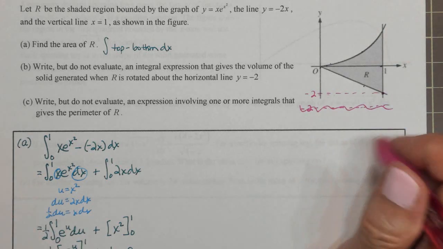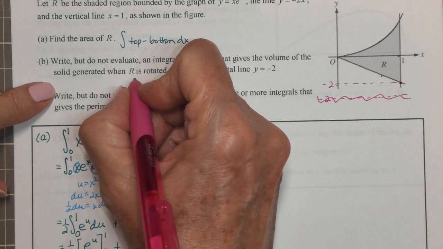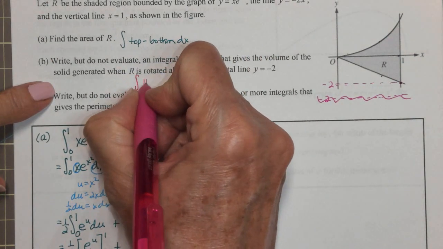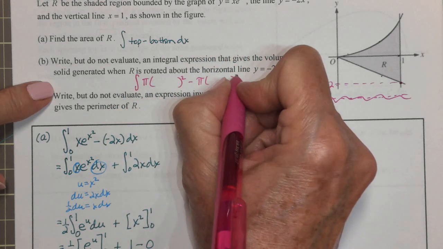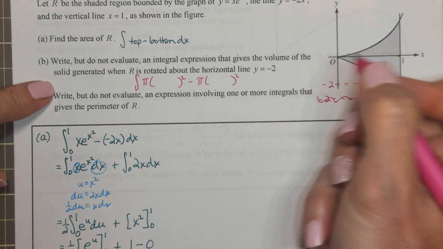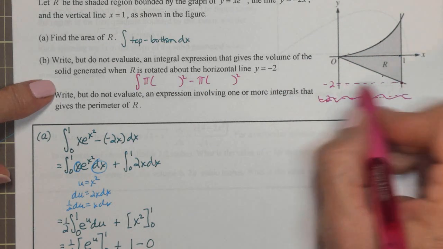So this is a volume formed by revolving. So in my mind, I'll do it right here. In my mind, it's going to be integral pi big R squared minus pi little r squared dx. This is going to be a dx because it's a horizontal line, it's like the x-axis.